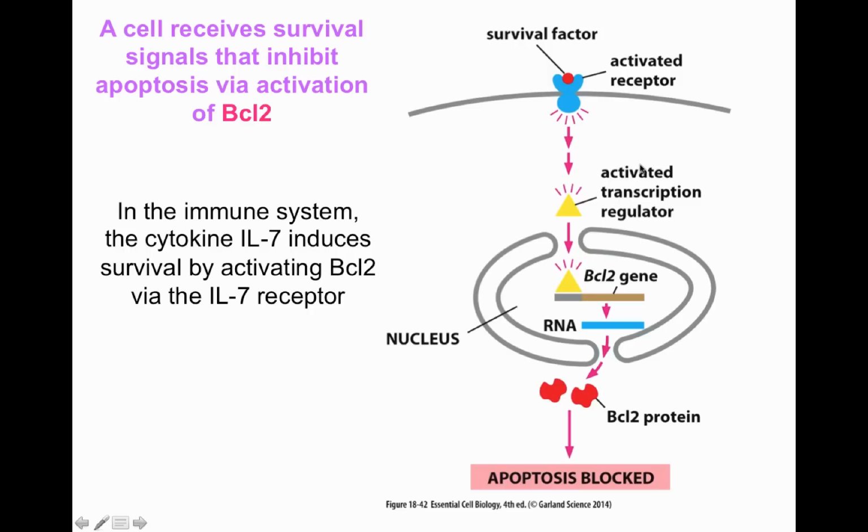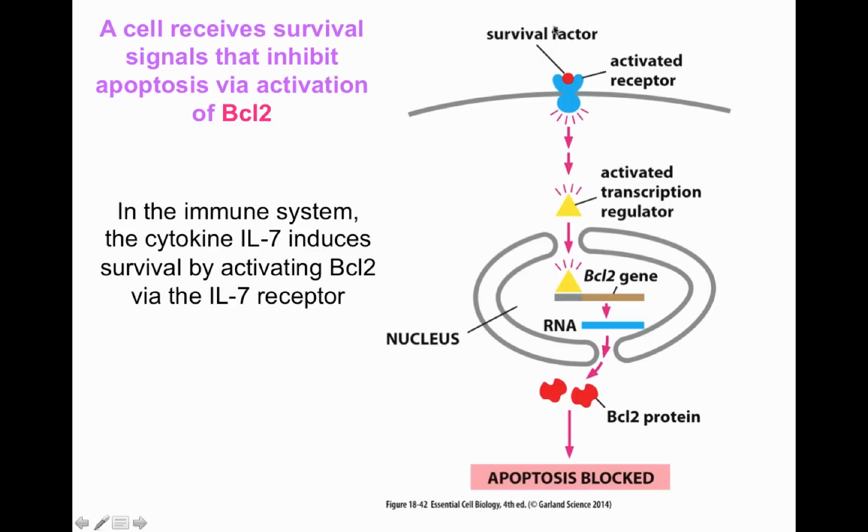Survival factors are going to activate Bcl-2, a protein that is required to prevent cell death. For example, in the immune system, the cytokine IL-7, interleukin-7, induces survival of lymphocytes by activating Bcl-2 via the interleukin-7 receptor.